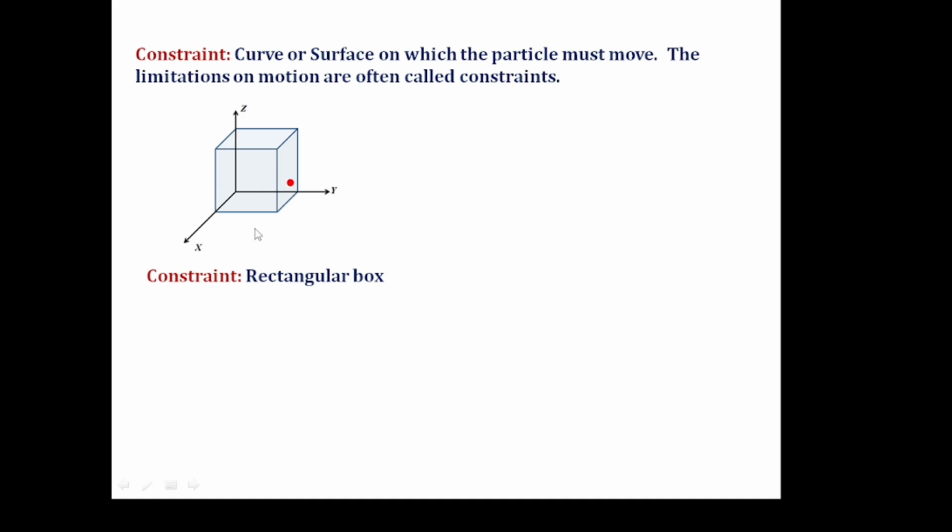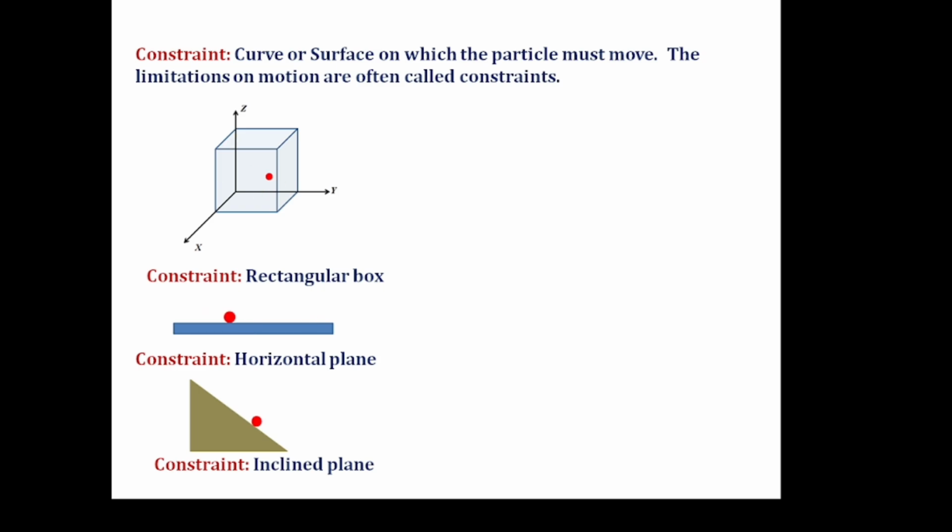Because of this rectangular box or the geometrical shape, the ball is forced to move within this particular box. The second one, the constraint is the horizontal plane. Because of this plane, the ball is forced to move along this horizontal direction.